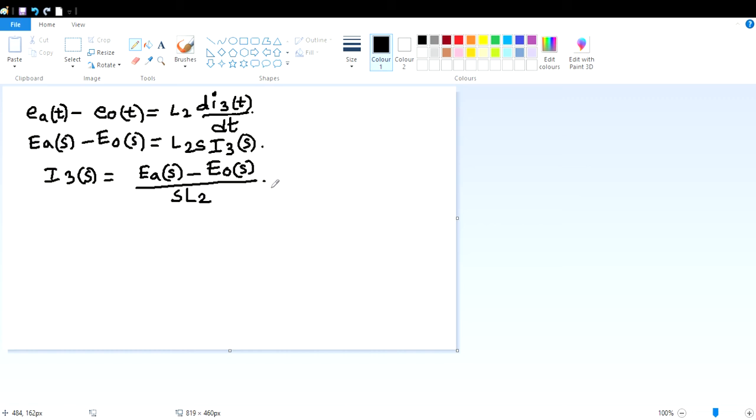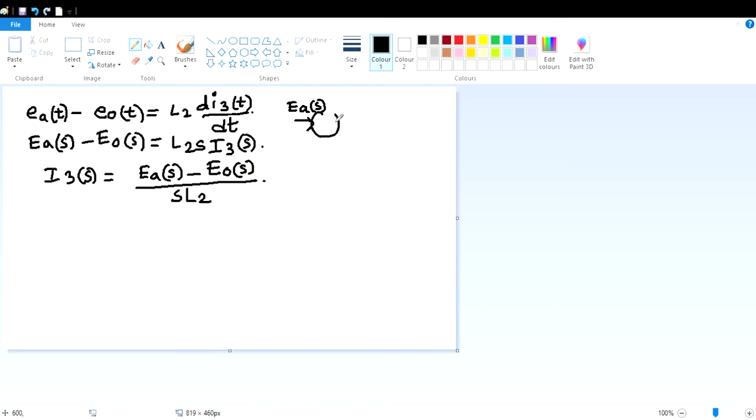Okay. Now if you remember, we have reached the point in our block diagram where we got I2, multiplied I2 with 1 upon SC, and from that point we got the value of EA. So we have reached up to the point of EA(s). Now here there is another comparator.